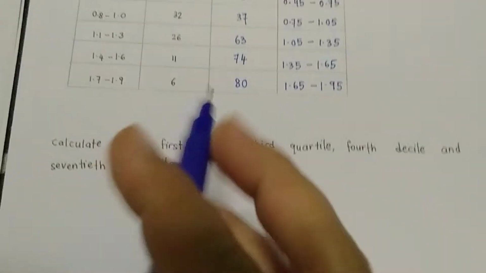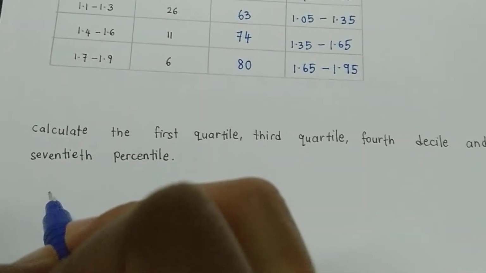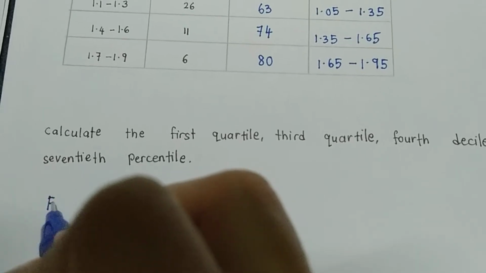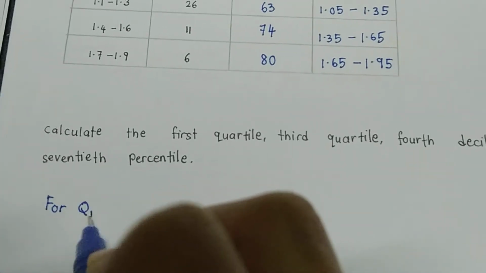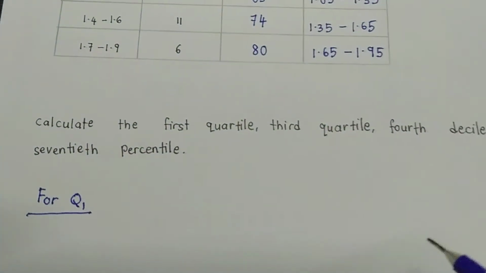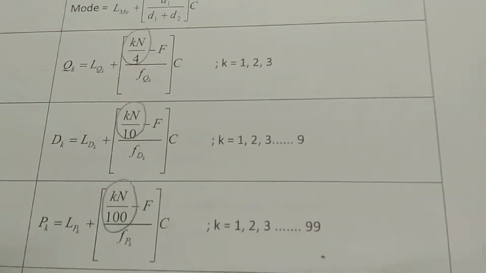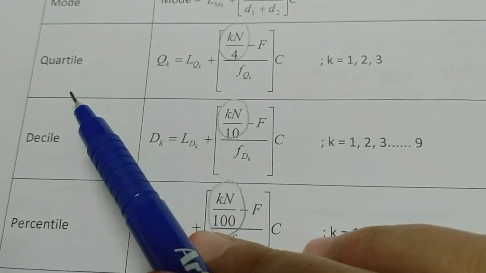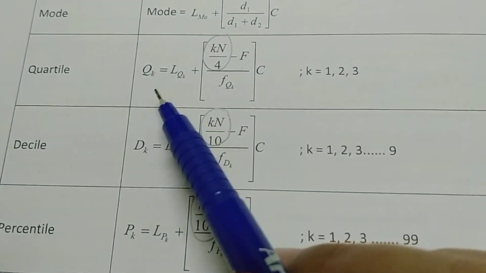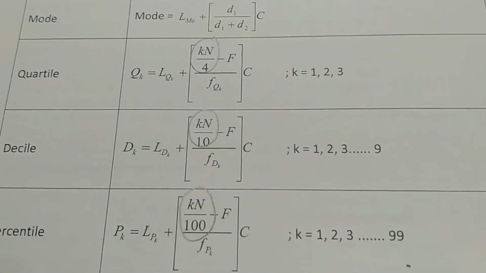Okay, so for first quartile, the notation is Q1. For Q1, we must take the formula for quartile.